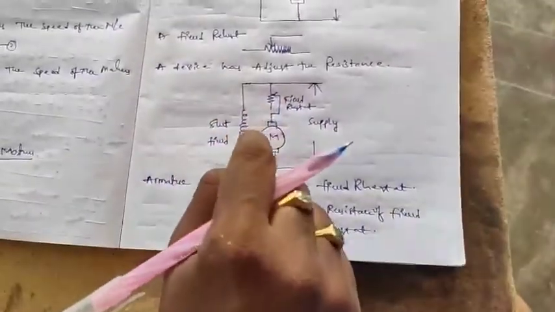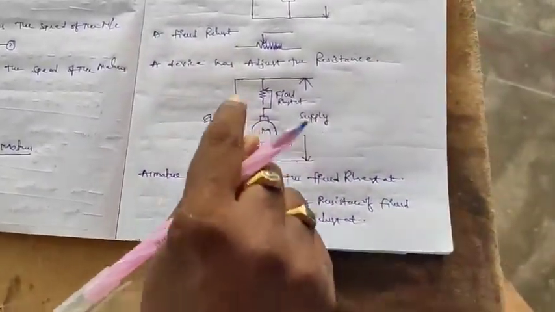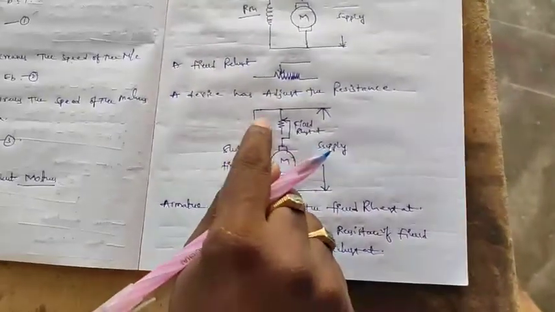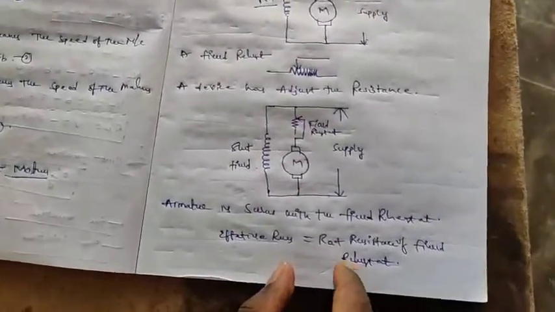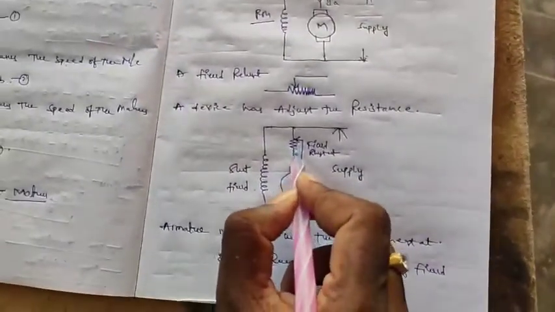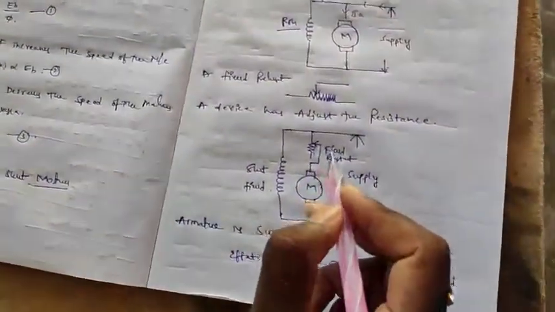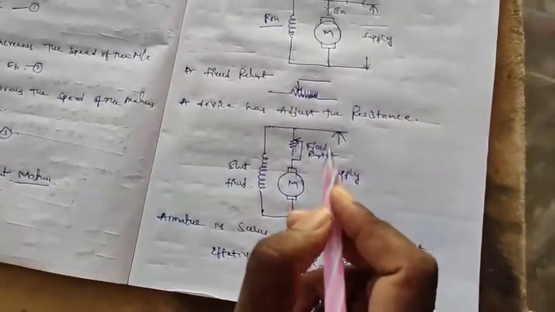The already existing resistance is the armature resistance, and we connect another one, the rheostat, in series. The value of resistance increases. If you change the position of the rheostat from minimum to maximum, the resistance also increases.